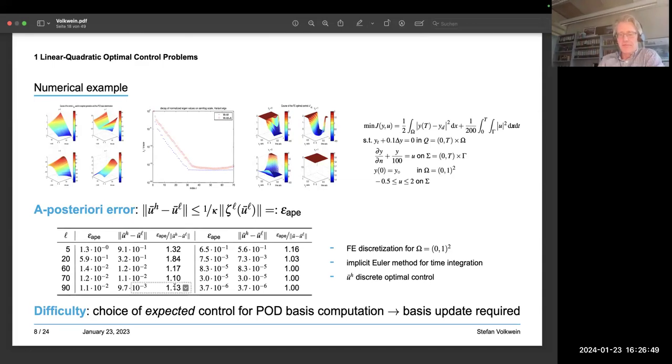The choice of the control to build the basis is essential for the behavior of the optimization method. So which means it's not only necessary to increase the number of basis functions, at some point it's necessary to change the basis, not only to increase the number. And that is something I want to tell you on the next slide.